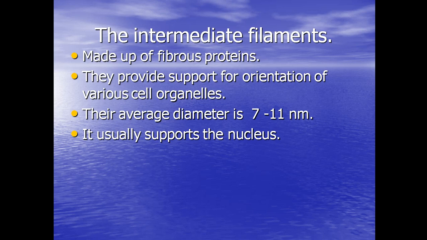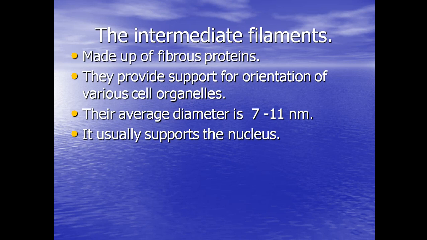So they help in anchoring as well as providing proper orientation to all the cell organelles. They are slightly bigger than the actin filament. The intermediate filaments, the fibrous proteins, have a diameter of 7 to 11 nanometers. And these intermediate filaments also support the nucleus.